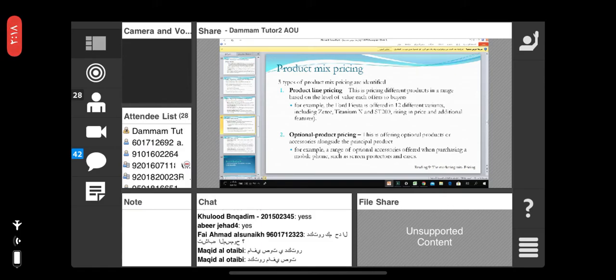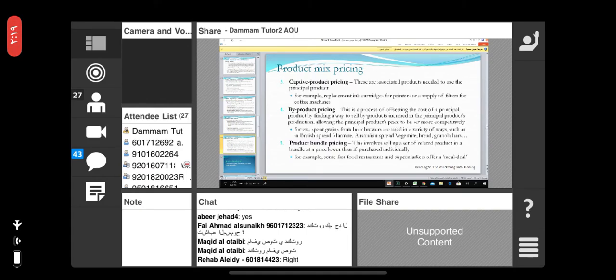تكلمنا optional pricing. ايش الاوبشنال برايسنج؟ الاكسسوري، يعني اي حاجه زياده اختياريه. تكلمنا عن الكابتيفز. What does it mean captives؟ بعض البرودكت ما يشتغل وحده.